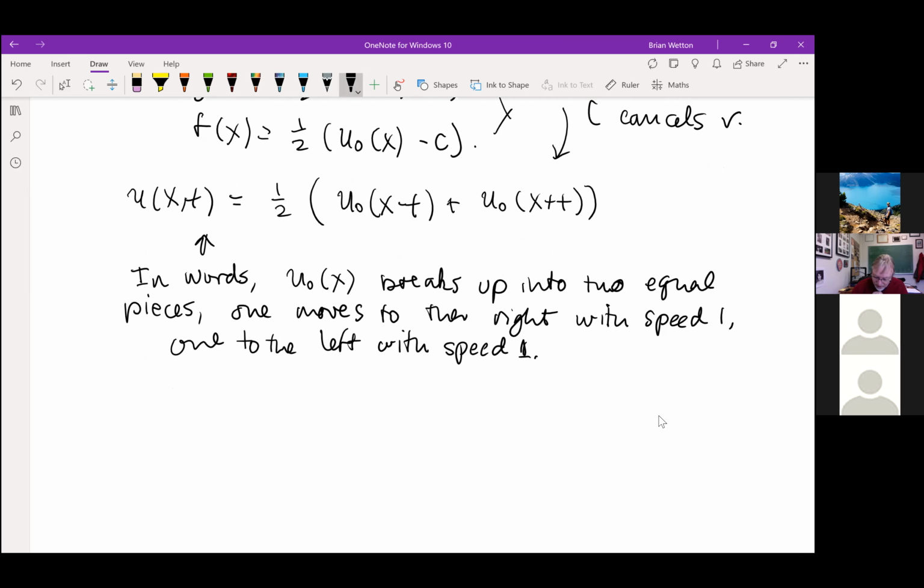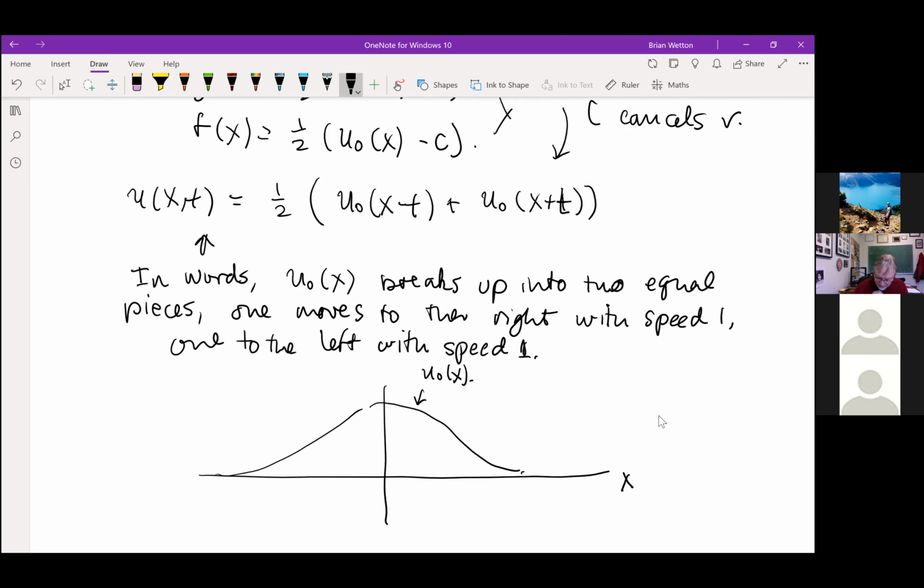I am happy to show it to you again. And there's a nice little picture we can draw. Right, here's my x axis. I'm going to have my initial conditions be this kind of bump. And then if I look at some later time, I'm going to get half of that bump. Okay, it's supposed to be half as high.